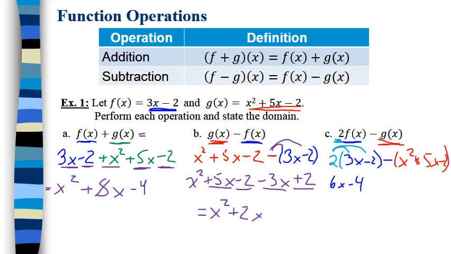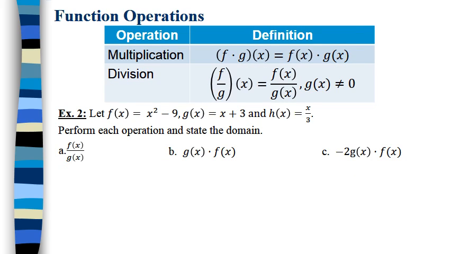And then over here, remember we're subtracting each of these terms separately, so minus x squared minus 5x plus 2. And when we combine like terms, we have negative x squared. 6x minus 5x is plus x. And negative 4 plus 2 is minus 2.